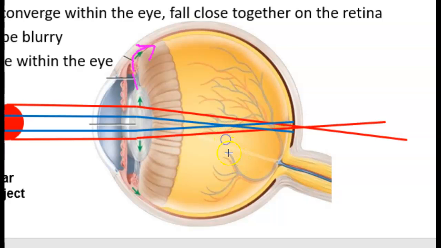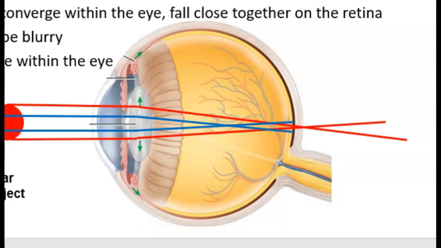The suspensory ligaments are pulled tight, and the lens flattens or becomes thinner. When it becomes thinner, the rays are bent less, but they still converge just fine because they're so close together already. And they fall on the retina kind of close together to get a nice, sharp, inverted image.